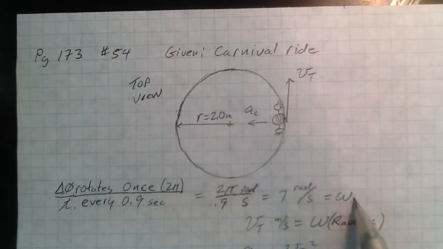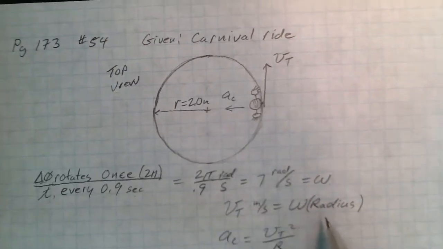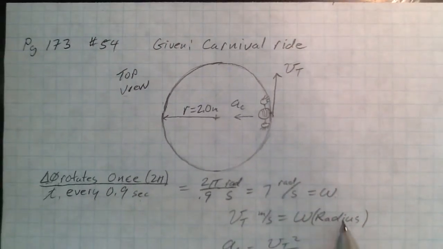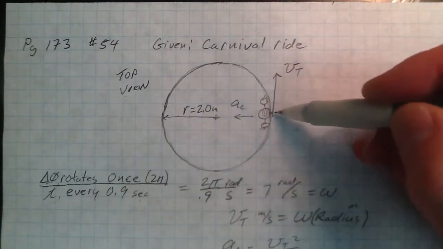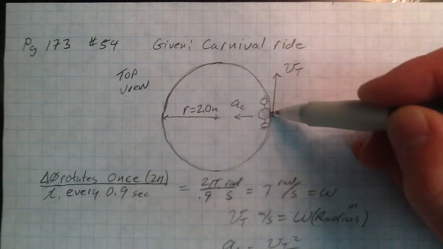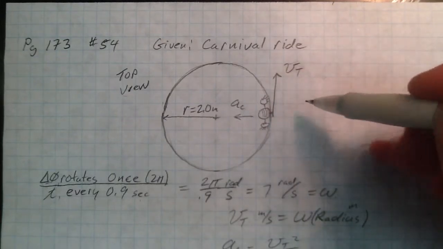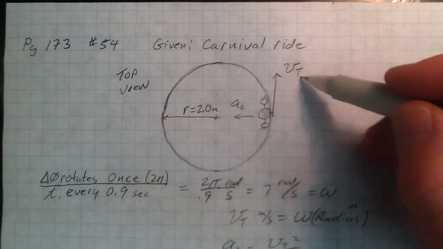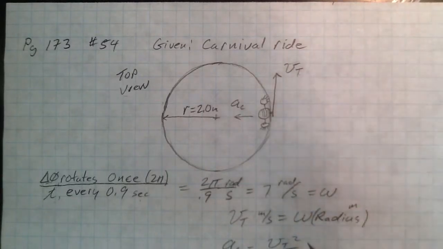Why is that useful? Well, because if I take omega and multiply it by my radius in meters, then I'm going to have a tangential velocity. And my tangential velocity, just like it says on my free body diagram here, my speed is in this direction. Okay, but what I really want is the magnitude of this. Why?